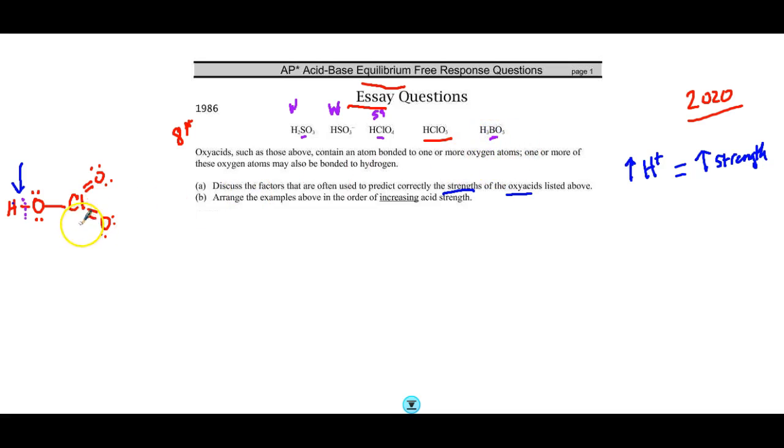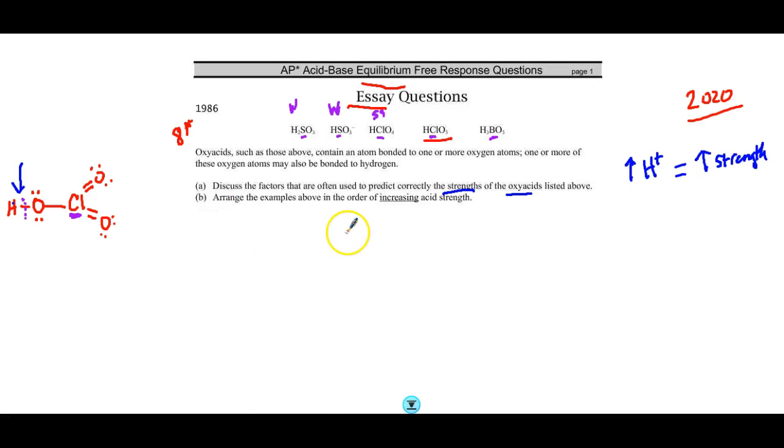So what we're going to be doing is we're going to be looking to see what the differences are. And one of those big differences is this central atom. So what do we know about a central atom and what makes it the central atom? So we're going to draw a Lewis structure. We put the least electronegative atom in the middle, other than hydrogen, which can never, ever be the central atom because it only makes one bond. And so chlorine is slightly less electronegative than oxygen, so it's going to be your central atom.